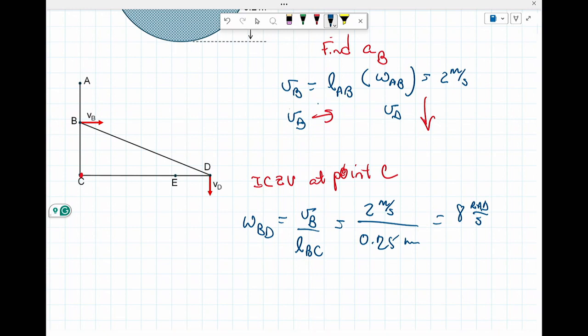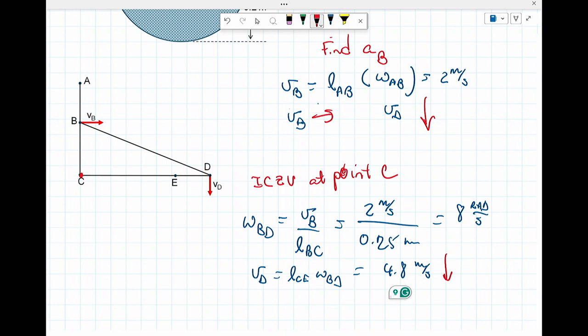The rigid body has to have the same angular velocity at every point. So if I choose another point somewhere off and do everything with reference to that, it would still be 8 rads per second. Velocity of point D then is equal to LCE omega BD, which is equal to 4.8 meters per second downward.